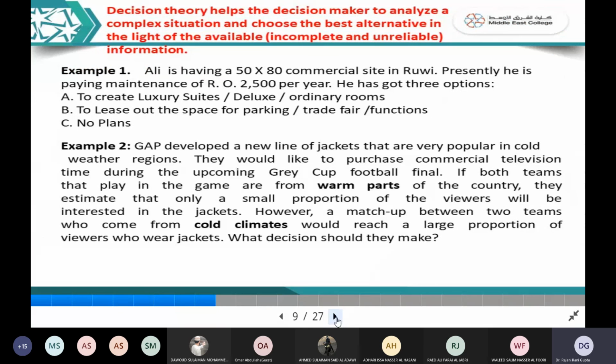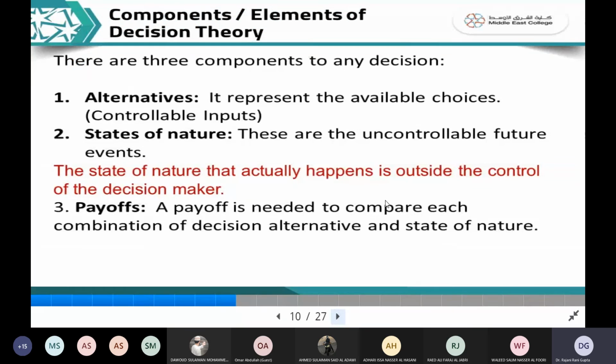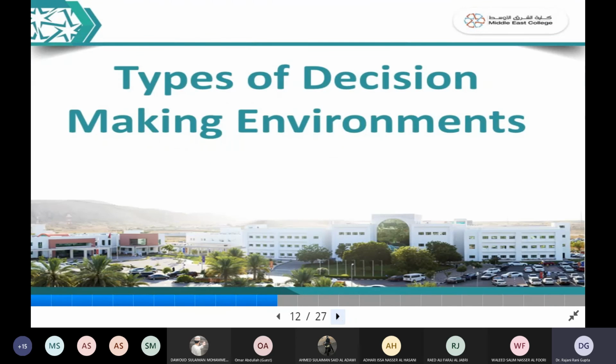These are the components of decision theory. Like in linear programming, we have the components as decision variables and constraints, here we have alternatives, states of nature and payoff. Go through these things before coming to the next class. Some examples are there, and then we will discuss these things.